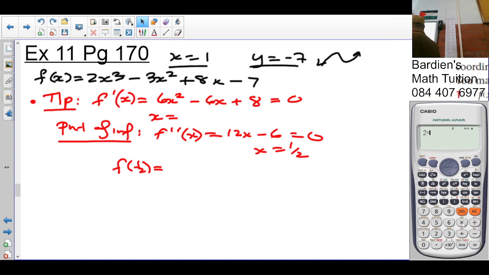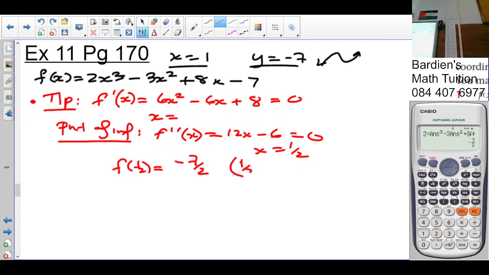So it's 2 times answer cubed minus 3 times answer squared plus 8 times answer minus 7. Negative 7 over 2. So the point of inflection is at a half and negative 7 over 2. Okay.